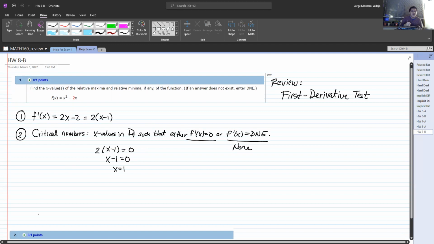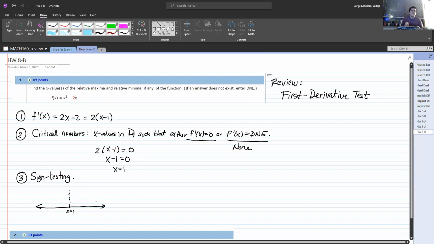So then the third step is sign testing. For that, we just need to draw the x-axis, spot x equals 1, and use that to split the number line into 2 intervals.